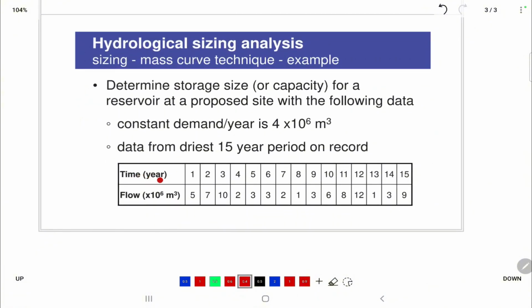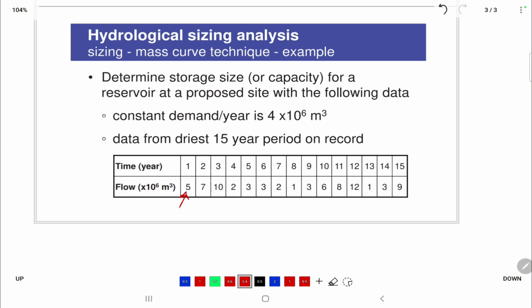So for time, year 1, year 2, year 3, and up to year 15. And this one is the flow, the runoff into the reservoir. So it is 5, 7, 10, 2, 3, and so on to year 15, which is 9. So now I'll solve this one.